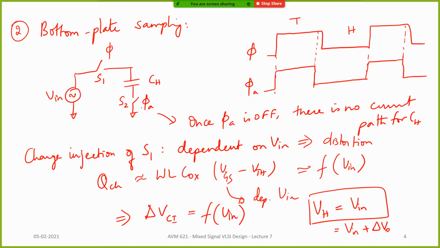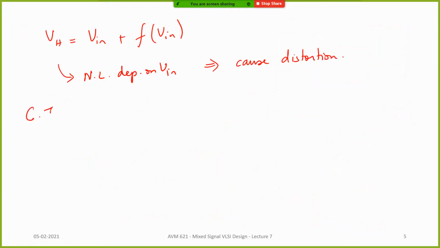There may be some current flowing through the capacitor, but other than that, the voltage on the other side of the switch is 0 volt. So you can say the charge injection due to S2 is constant. It will basically give you an error of VH equal to actual Vin plus some delta V naught.